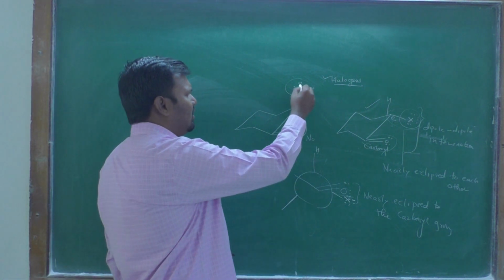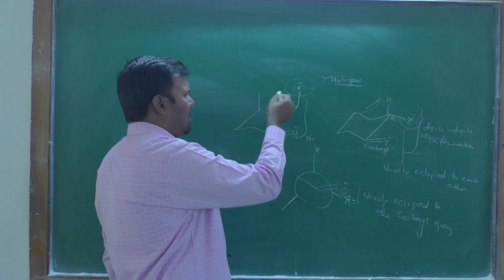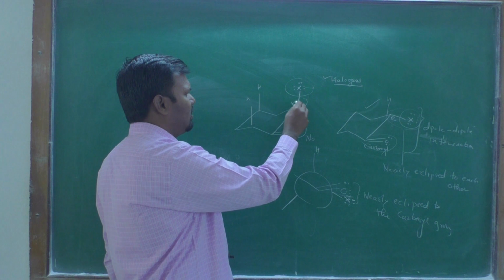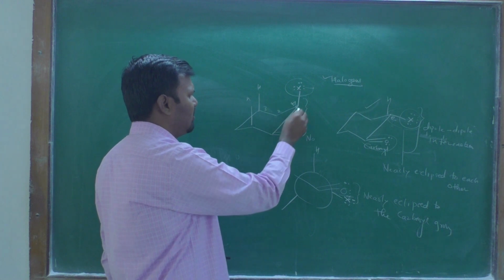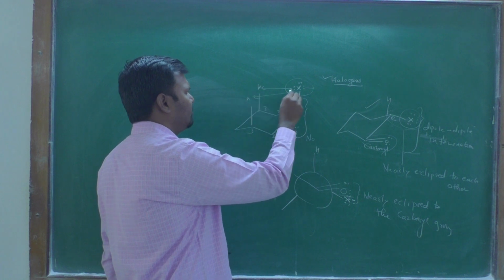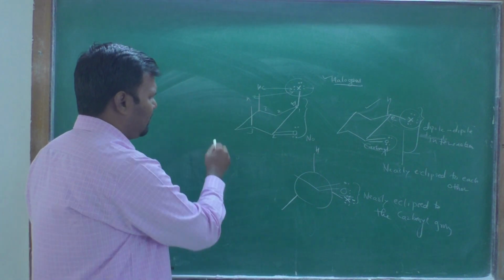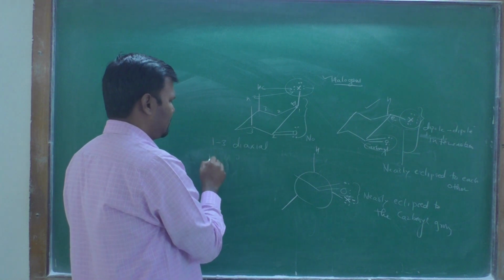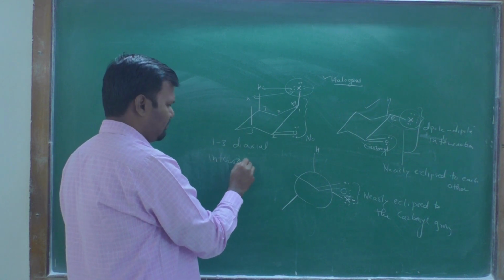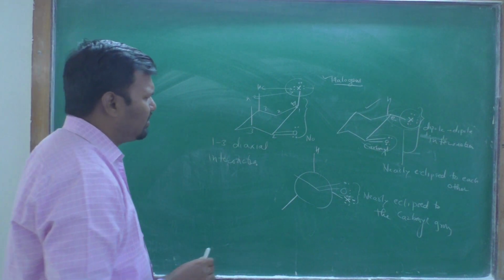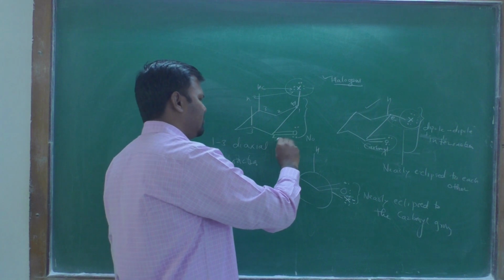In this molecule your polar group or halogen is at the axial position, therefore it also produces a 1,3 diaxial interaction, and therefore it gets instability.